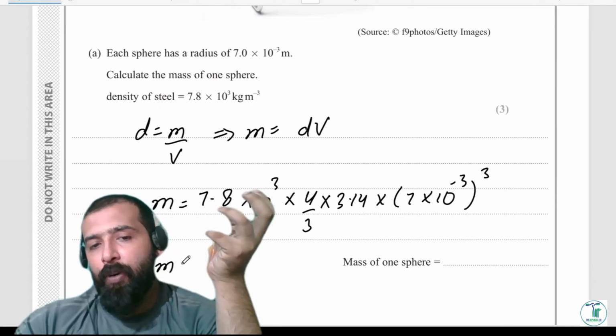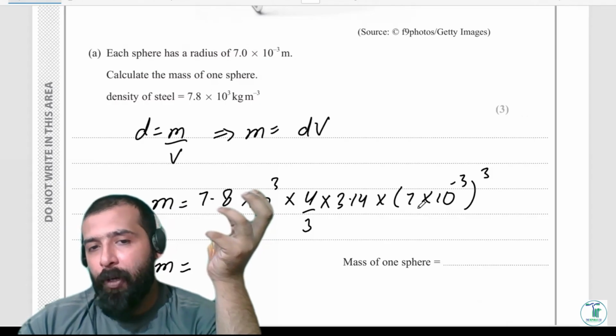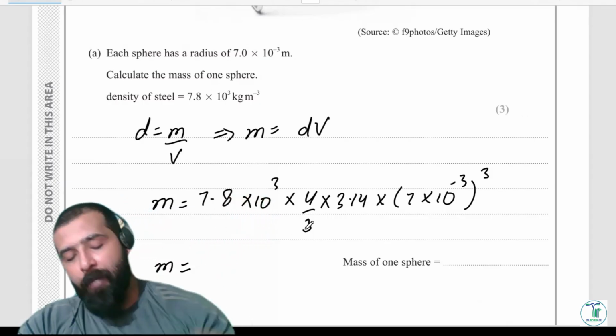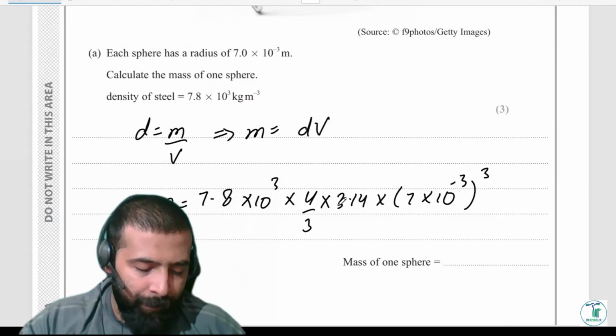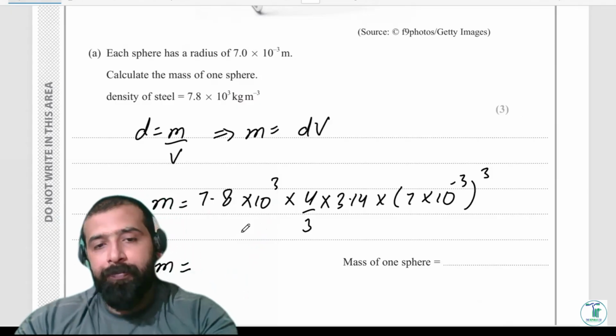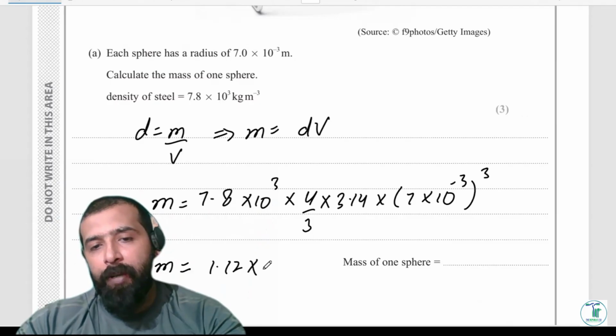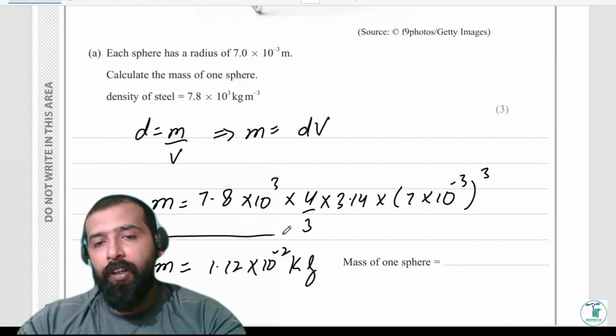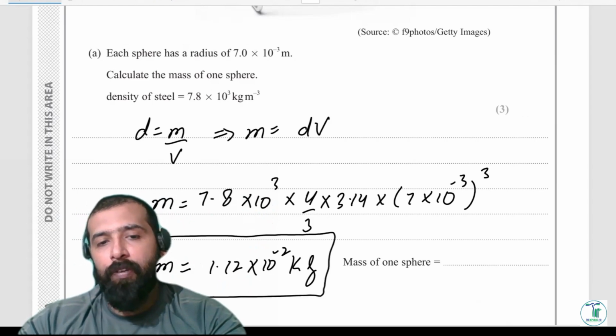You can simply work this down, multiply them together, and you'll get the final value of mass. That has to be something like 1.12 times 10 raised to the power of -2 kilograms. That is how you're going to calculate the value of mass.